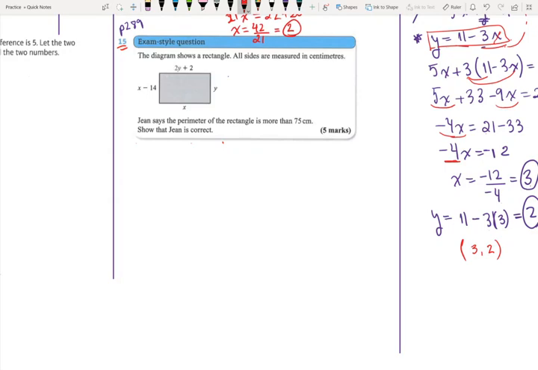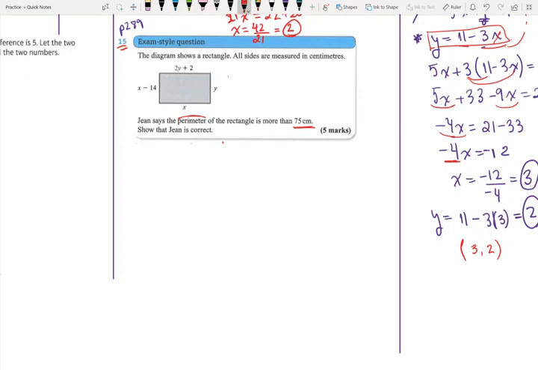John says the perimeter of the rectangle is more than 75 centimeters. Show that John is correct. So in order to find the perimeter of this rectangle, we need to find the value for x and the value for y, and then replace it to find the length of each side, and then find the perimeter.